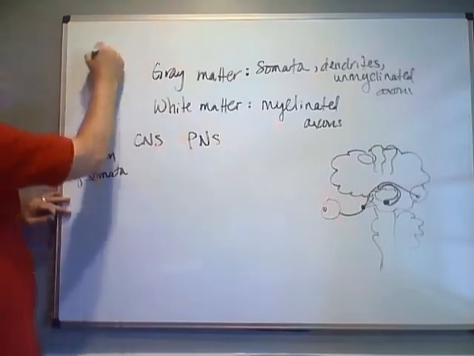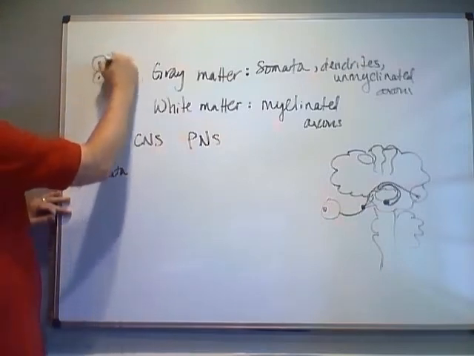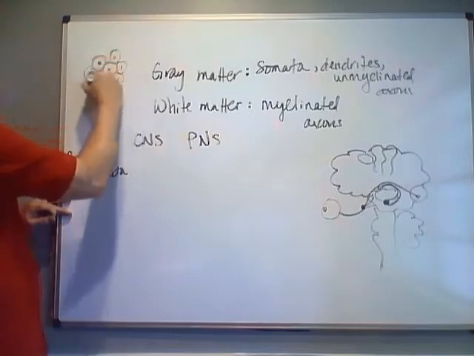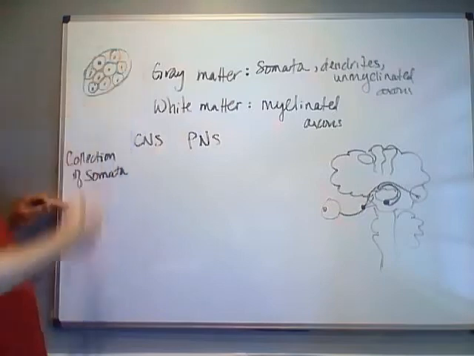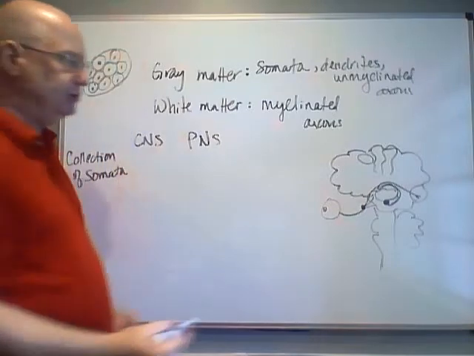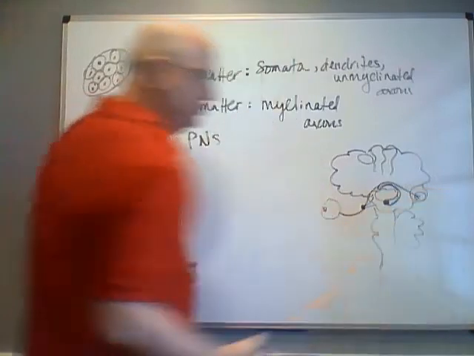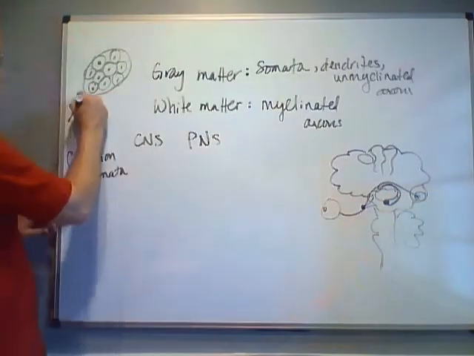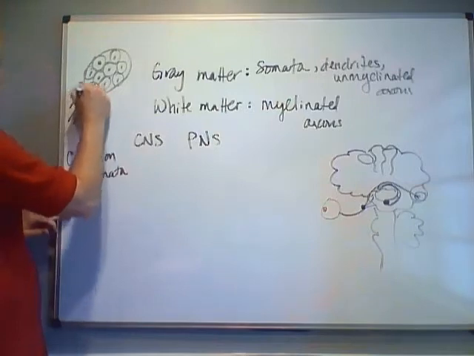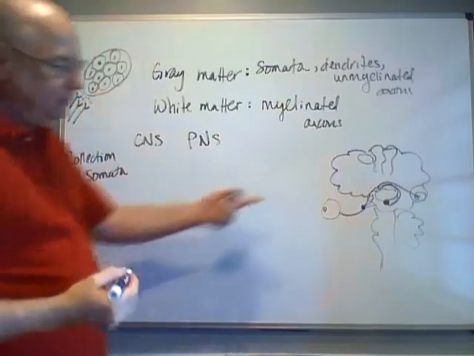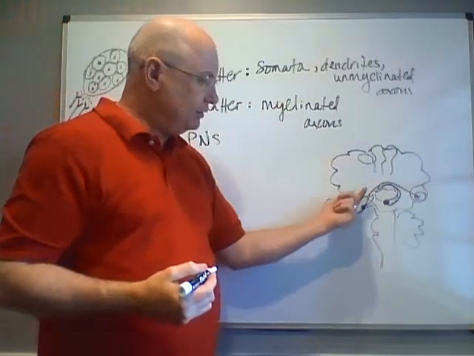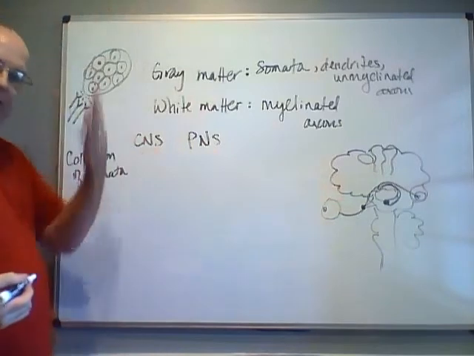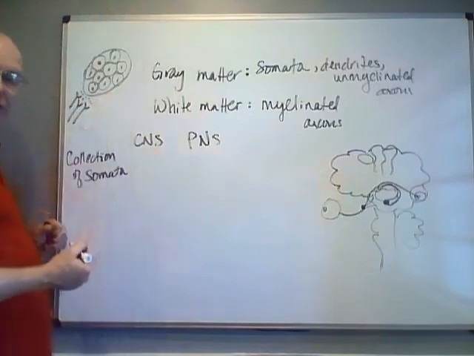So I've got a bunch of neuron cell bodies here with their nuclei and a whole bunch of these neurons, all with their dendrites, and I'm not going to draw the dendrites and axon, but I've got a whole bunch of neurons here that all process the same information. Let's say that's an area in the visual cortex back here. All of these neurons are going to process visual information. Well, they're going to receive synapses and neurotransmitter from neurons through the optic nerve, through the optic tract, all the way back there. So when you see something, these neurons might get stimulated.